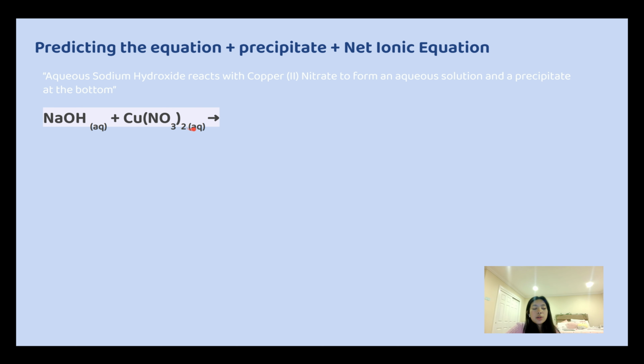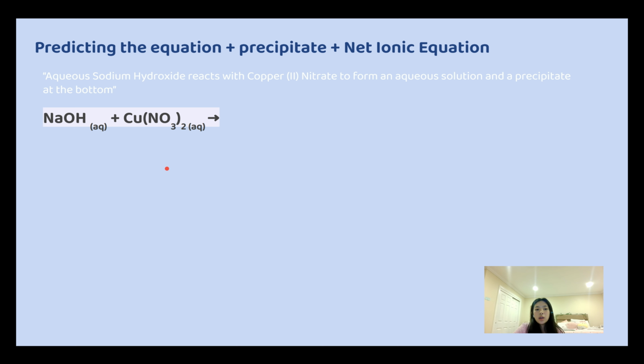The reason why there's a 2 here is because copper has a +2 charge, whereas nitrate has a -1 charge. To balance out the charges, you're going to multiply -1 times 2 so that you have +2 minus 2, which equals 0. So your charges always have to equal 0, remember that.